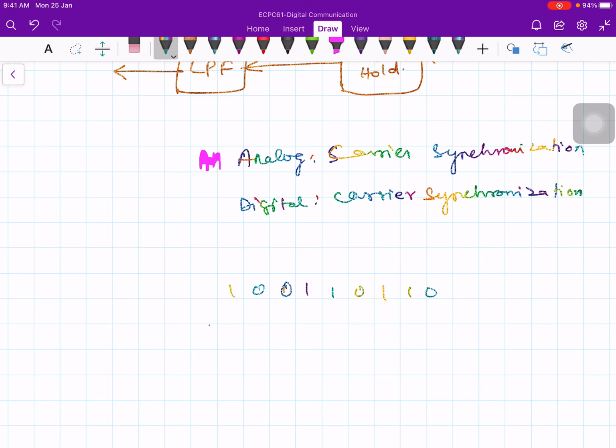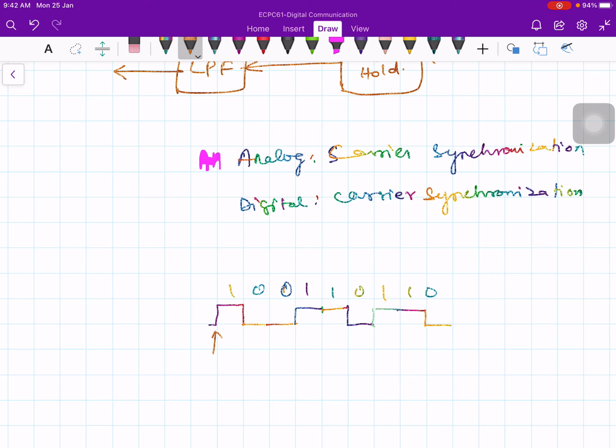For 1 you transmit a positive pulse, 0 means no pulse, and again 0, then 1 1, then 0 1, again 1, then 0, like that. So in this case you need to know where the pulse starts and where the pulse ends. Starting time and ending time of the pulse is needed.